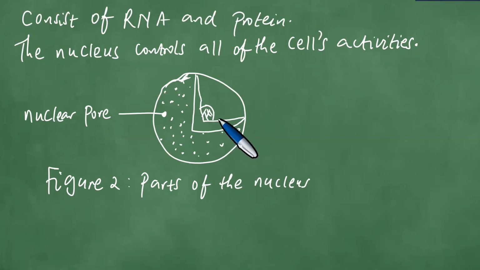But also there's something called the nucleolus. There is a covering layer that is like a blanket, called the nuclear membrane.